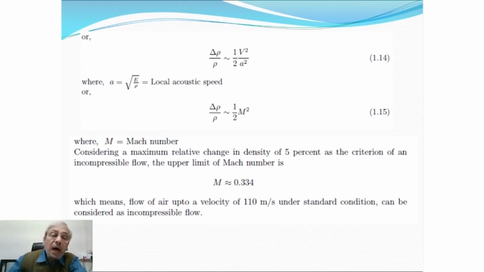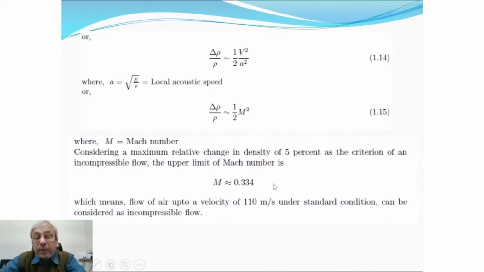Then the upper limit of Mach number from here will be 0.334. So flow of air up to a velocity of 110 meter per second under standard condition can be considered as incompressible flow.